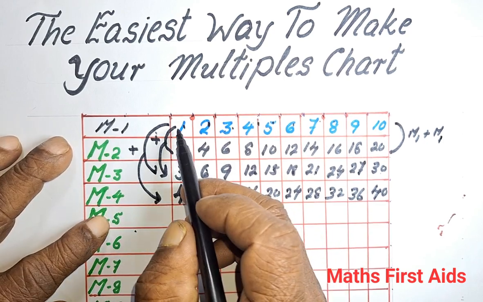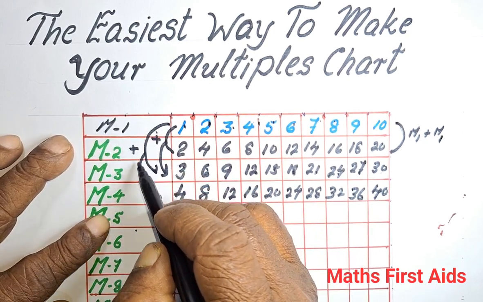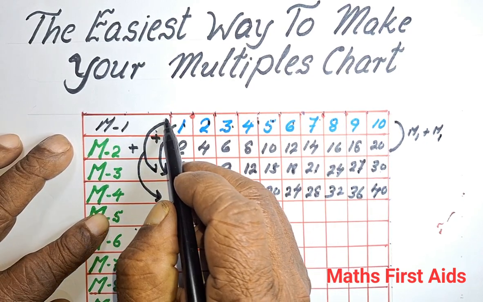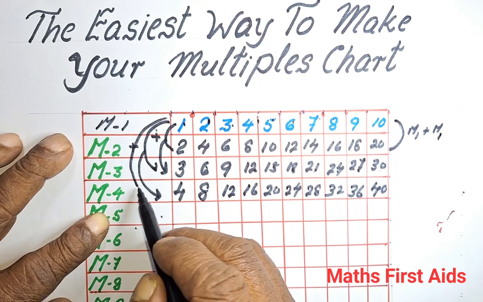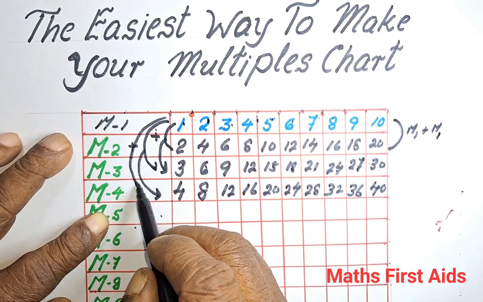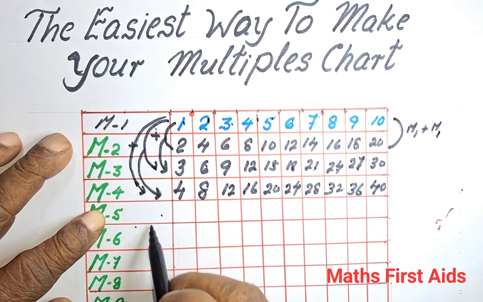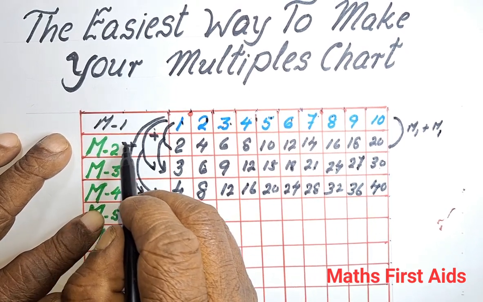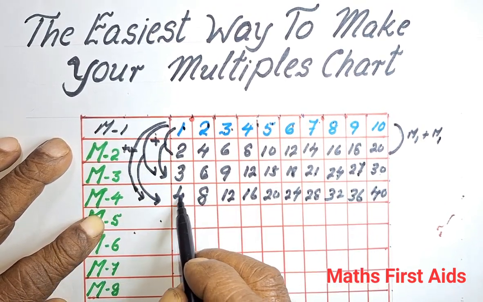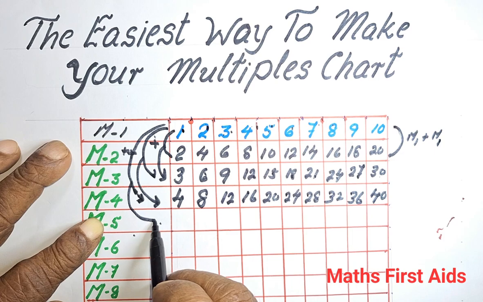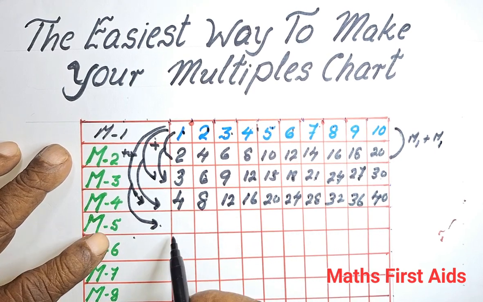To get m5, you have to add m1 and m4, then you will get m5.